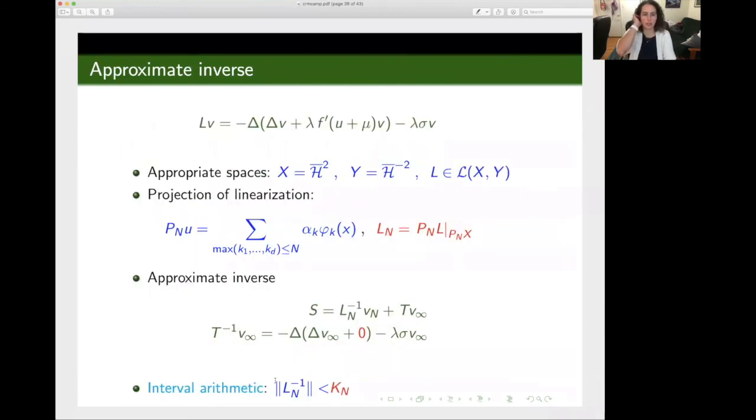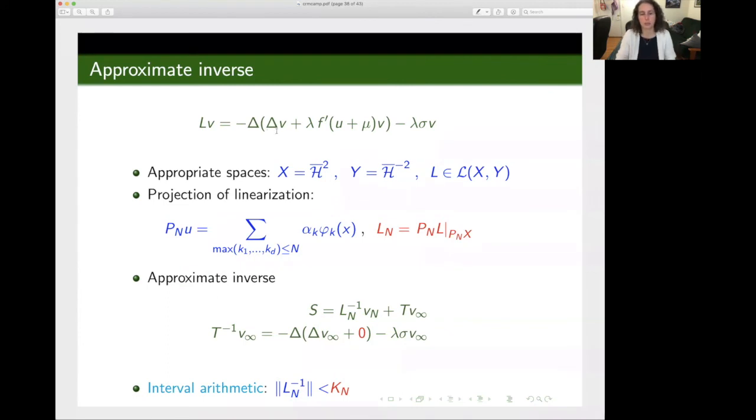And so let me go ahead and explain. So again, this is the linearization for the Ohta-Kawasaki equation. And the spaces I'm going to be working in are H2 bar and H minus 2 bar, because each of these Laplacians represents two derivatives reduction.